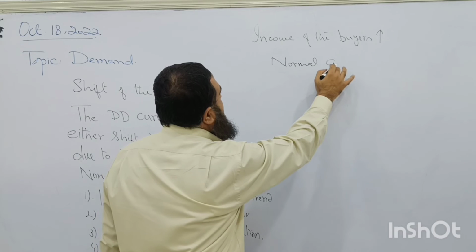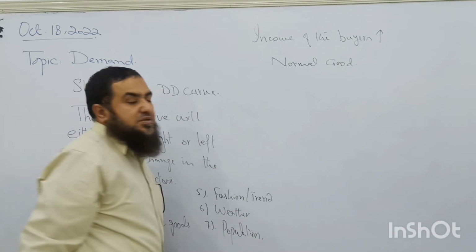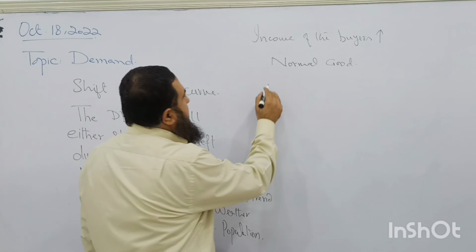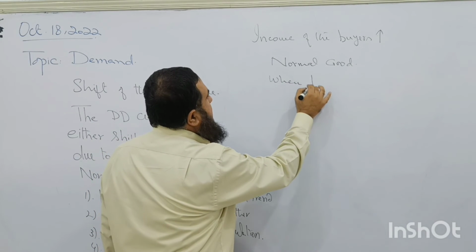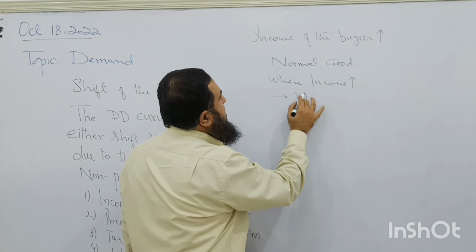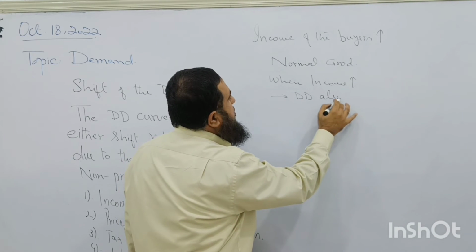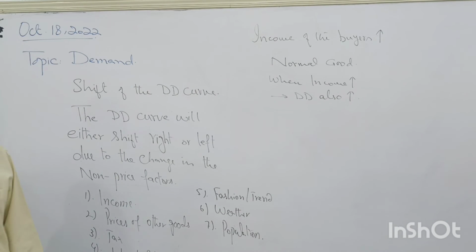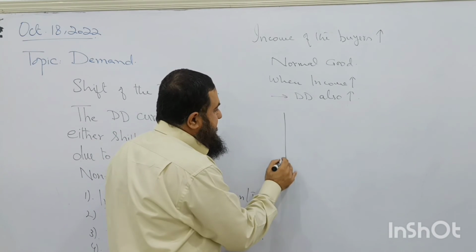One is called normal good. What is a normal good? When income increases, its demand will also increase. So we see when income increases, its demand also increases. So this is called what? A normal good.